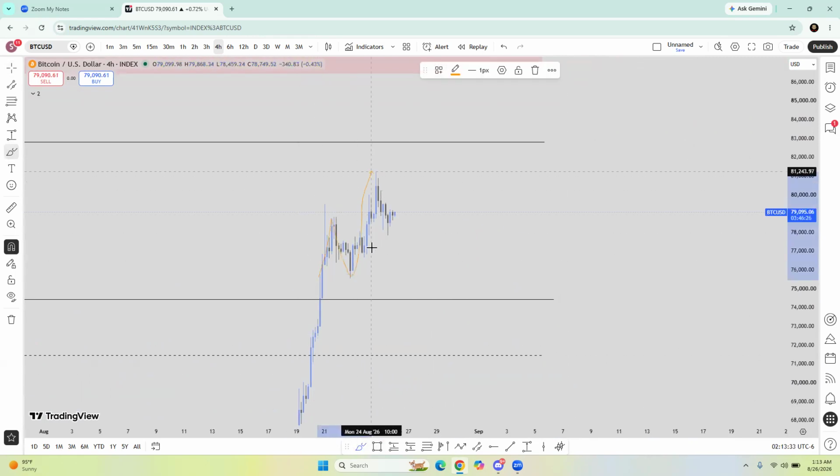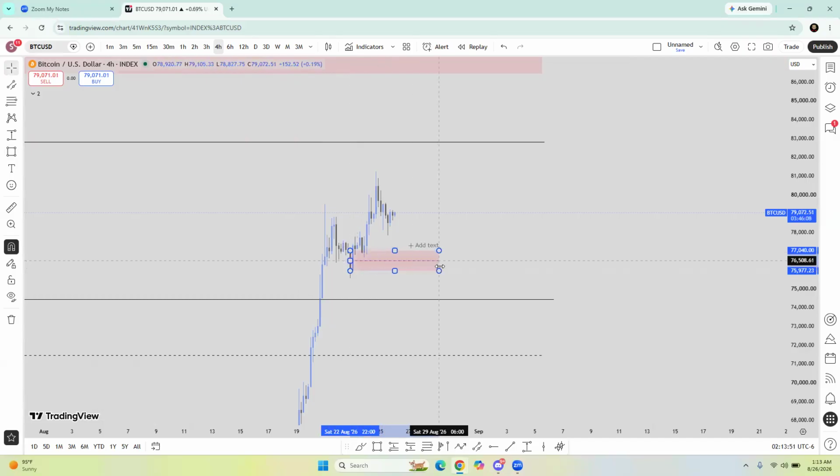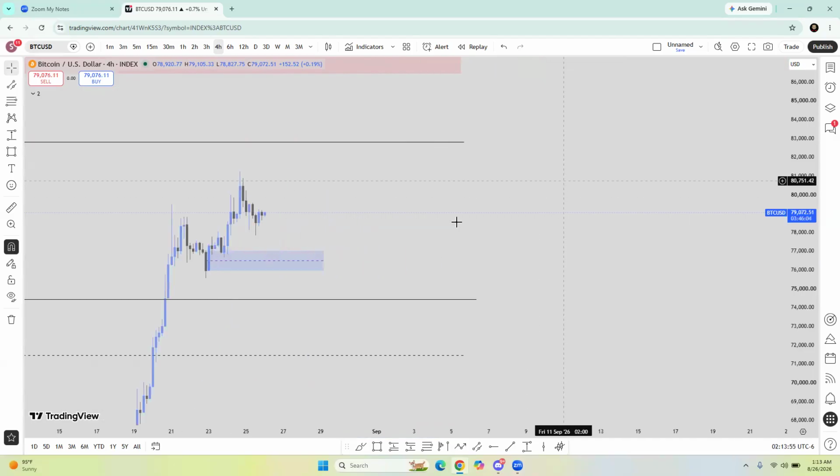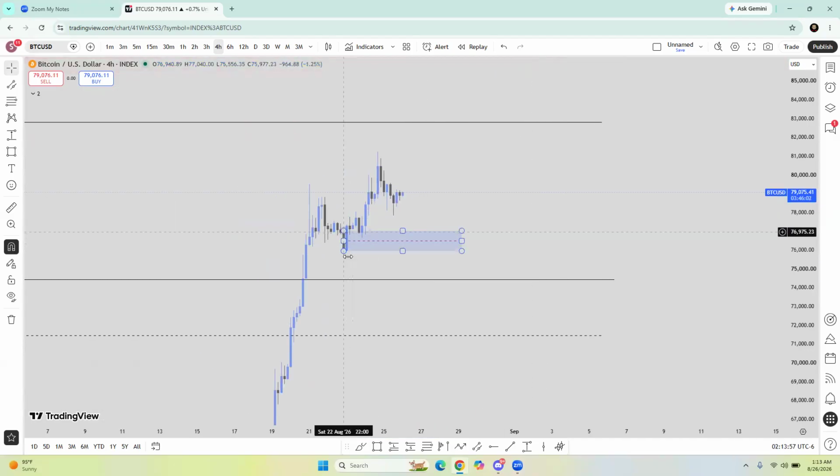High, low, high. So this low will be protected at any cost here, and we need to make another high here for going up. This is basic, simple market structure playing out. For this, we have this clear demand here. This one, the first one. This is our clear demand on H4.